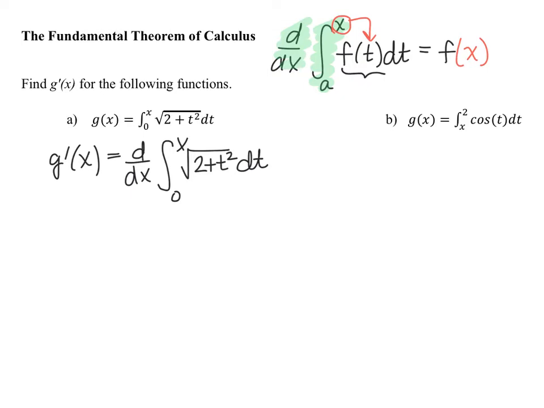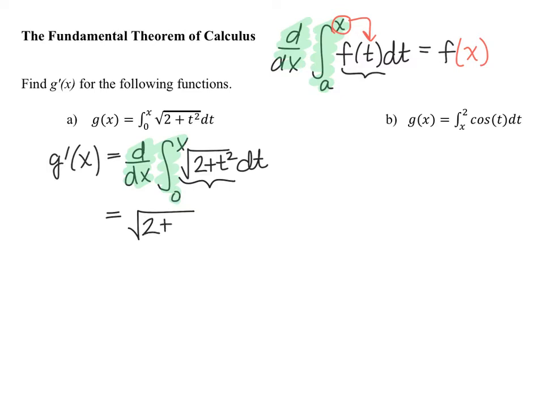So we see that we are differentiating, but we're differentiating a function which is an integral. So these are inverse operations. They're going to undo one another. We will be left with the integrand, the function, which is the square root of 2 plus t squared.